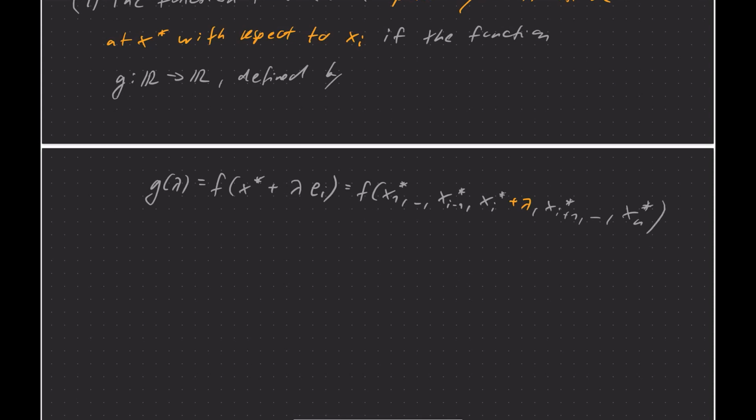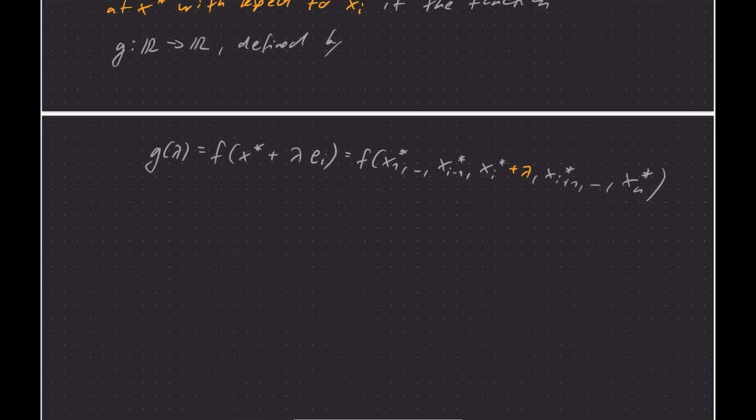Yeah, so we'll evaluate f at that point for every possible lambda. If that function is differentiable at lambda equals 0.